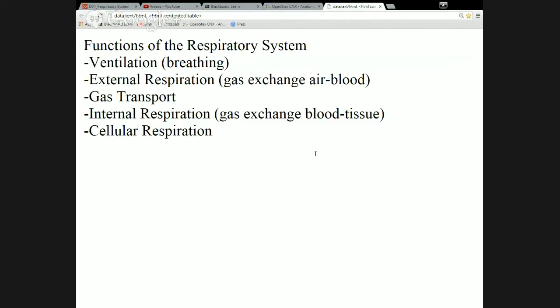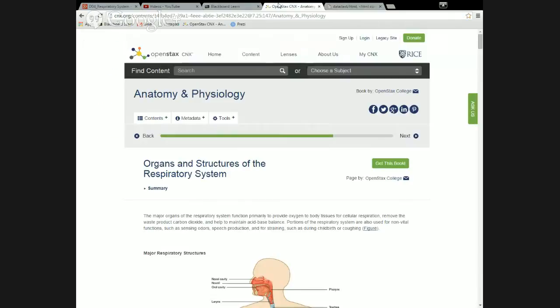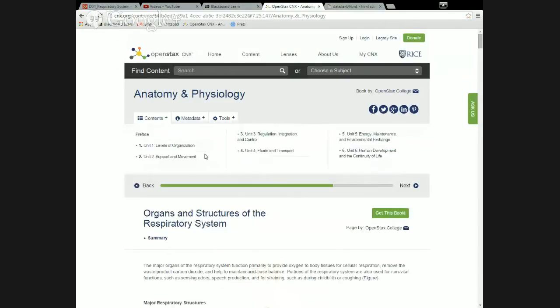Really, cellular respiration is one of a few things that will tie this system with the digestive and urinary systems. So those three systems together in the book are a unit that's energy, maintenance, and environmental exchange. Energy and maintenance is fine. It's the environmental exchange thing that really defines us all together.